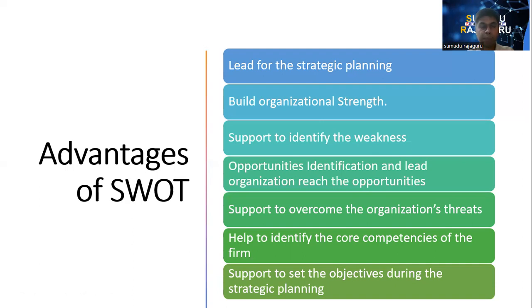After we prepare a draft, then as an organization, we can think about how to transfer the weakness into strength, how to take the opportunities and enhance the organization's strength, and how to reduce the threat. Based on that, organization success will depend. So SWOT analysis is a strategic management tool.